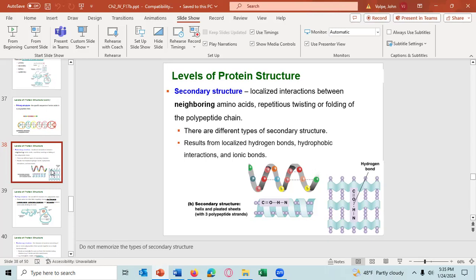That isn't correct. There are many forces of attraction and a few forces of repulsion that give rise to the secondary structure. And it is true, hydrogen bond is one of the major ones, but it is not the only force of attraction.